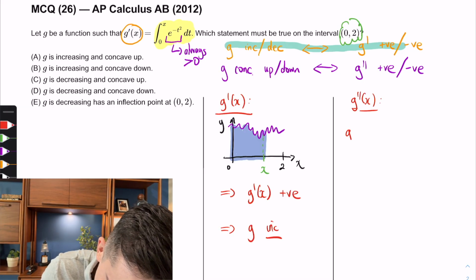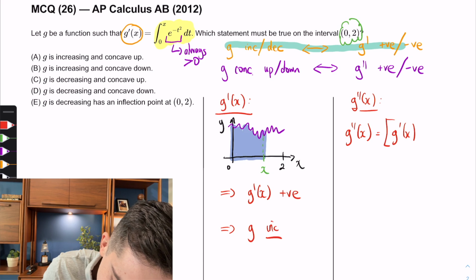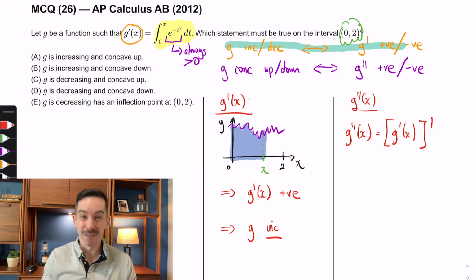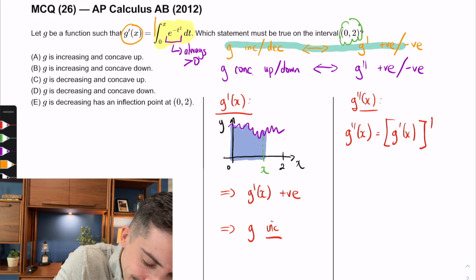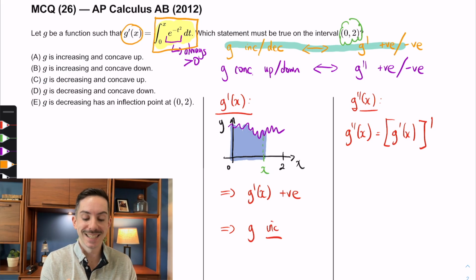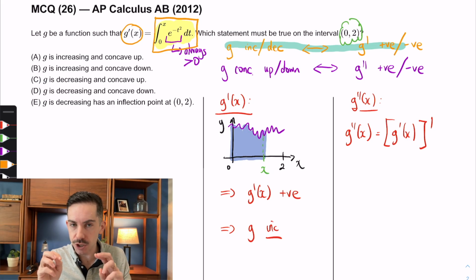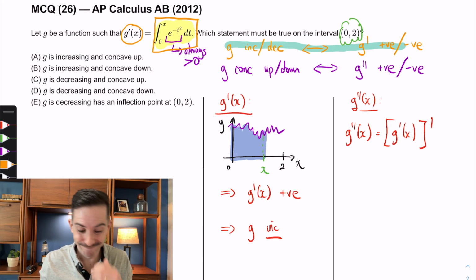Okay, so g double prime is g prime, and I take the derivative. Well, again, remember, I have this helpful expression for g prime. That's what they gave us in the problem. It is this area so far function from 0 up to x of this exponential function that we're working with.